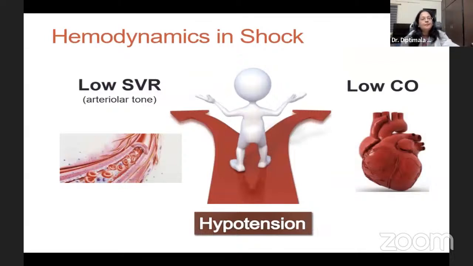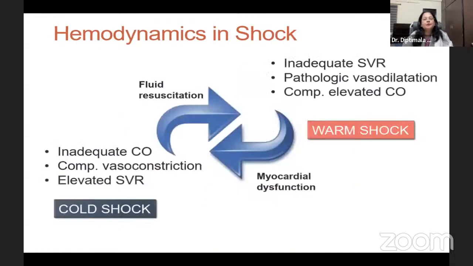Now we come to hemodynamics in shock. A patient in shock will have low systemic vascular resistance, so arterial tone is reduced. Initially, the cardiac output will increase, and then the cardiac output will fall, and the blood pressure will fall. That is how these patients land in hypotension.